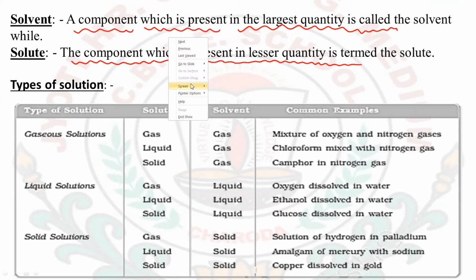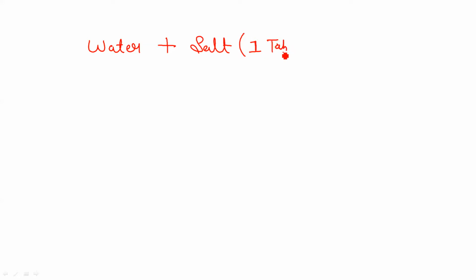Taking an example of a solution of water plus salt, let's say I have taken 1 tablespoon of salt in 1 liter of water.